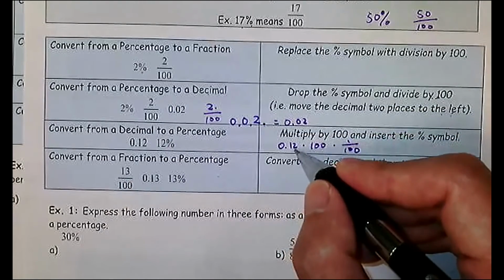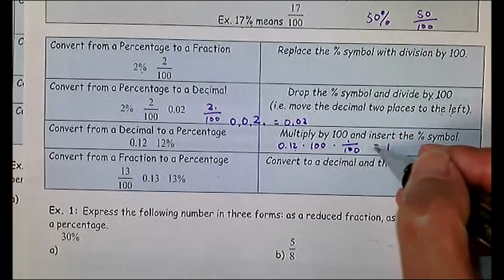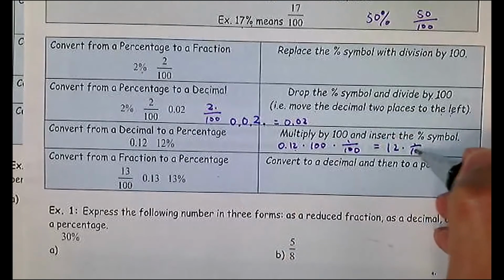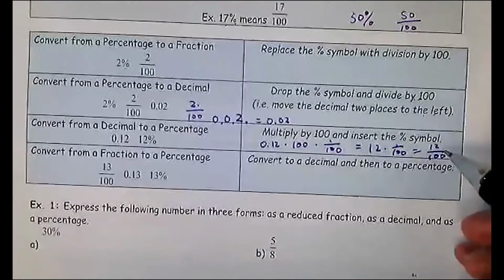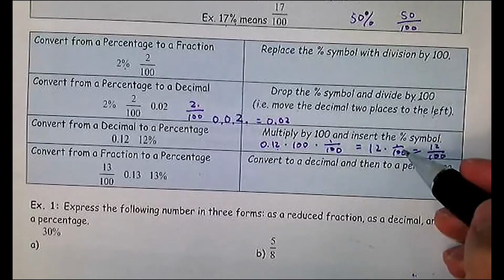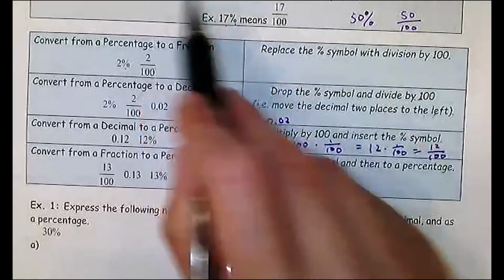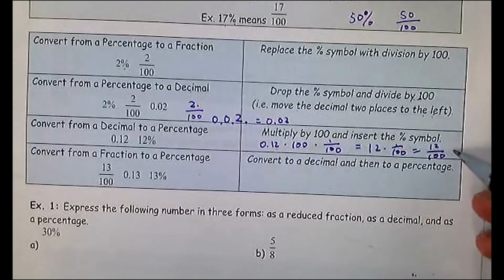So 0.12 times 100 is 12, times 1 over 100, which gives you 12 over 100. And recall that percent is just divided by 100. So 1 over 100 is just percent. So it's 12%.